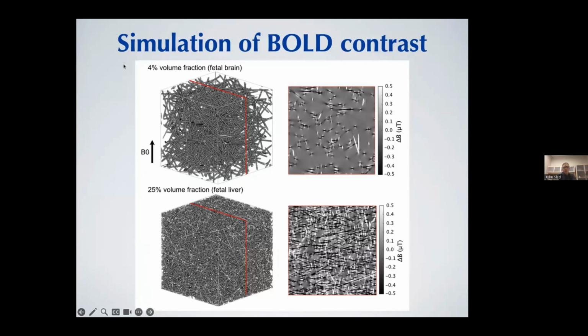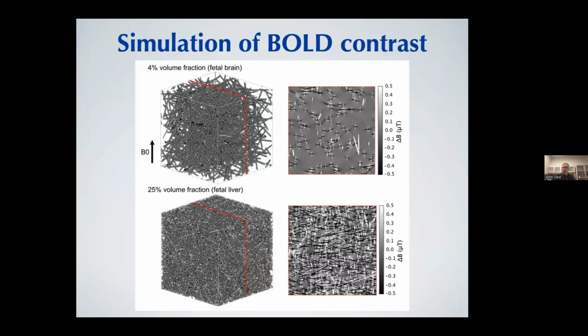This was work done by Sharon Portnoy, where she generated distributions of random cylinders as a sort of surrogate for blood vessels with different densities, and then computed the resulting susceptibility maps and the associated magnetic field patterns, and then asked what the T2 star rates would be, and then worked that back into our BOLD calculation.